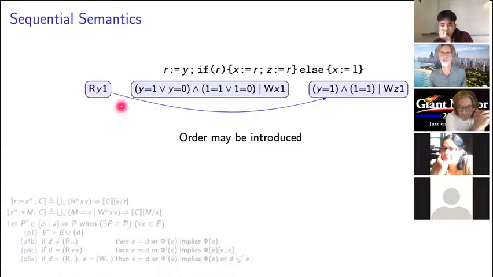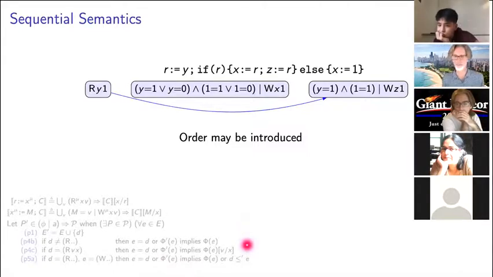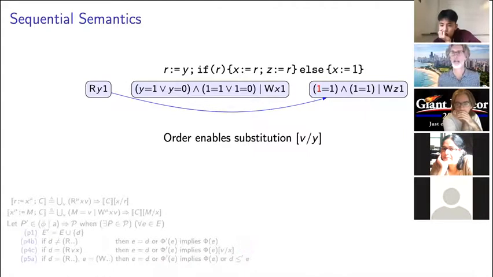When I introduce the order, I can perform a further substitution here and substitute v through for x. What that's going to do is get rid of y altogether. Now we're perfectly happy, and that guy is satisfied. Okay.